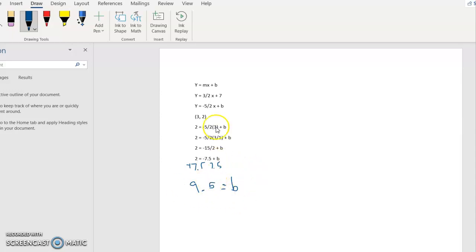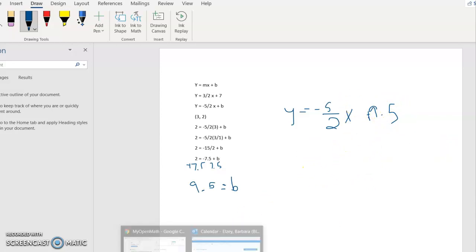We had to sort of do this process. So this piece is now negative 5 halves x plus 9.5. So that's what we're going to put into that last blank.